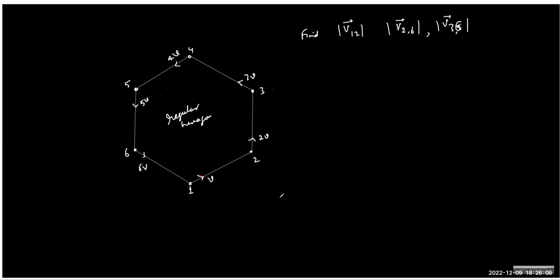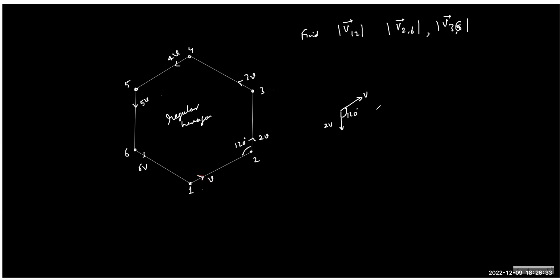Okay, so for 1 and 2, you can see 1 and 2, what is the angle? You can just reverse it, no? So it will be the reverse of 150, no? So this angle is how much? 120, no? This is 120.